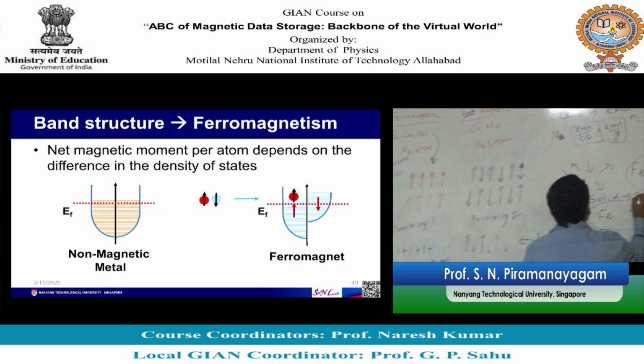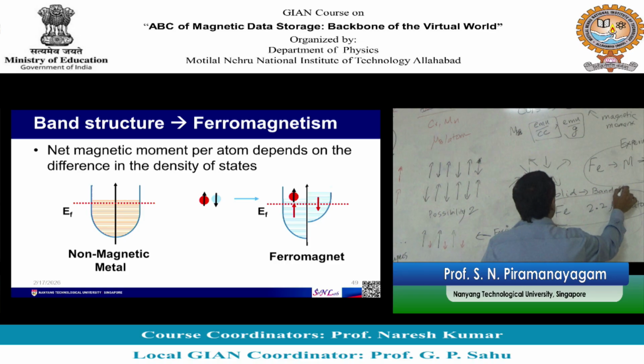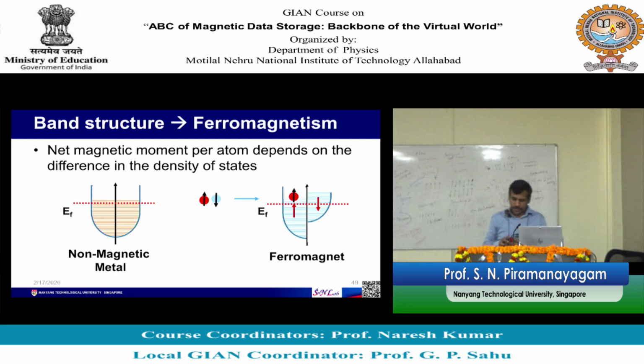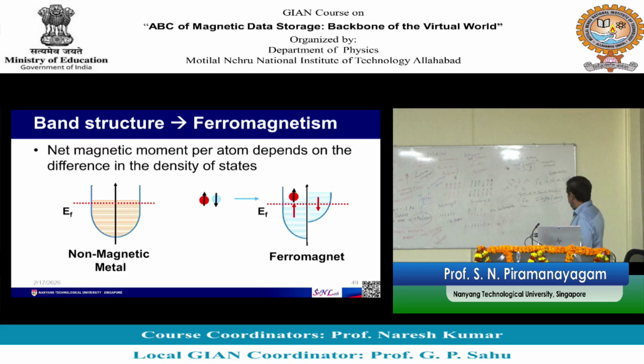So, there is a band structure and so on. So, in a solid, because of the band structure, it will turn out to be 2.2 Bohr magneton per atom. Okay. Because of this reason, when you go and measure the magnetic property of iron, you will come up with the value of 220 EMU per gram. You will not get 400 EMU per gram.